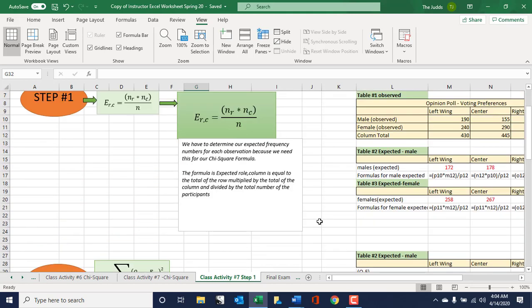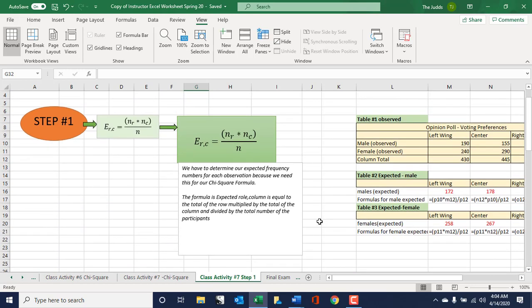So let's hop back up to step 1, because step 1 is where we get our expected rows and columns. We have to determine the expected frequency for what we've observed, and the expected frequency is what we would think would happen given a true null hypothesis.